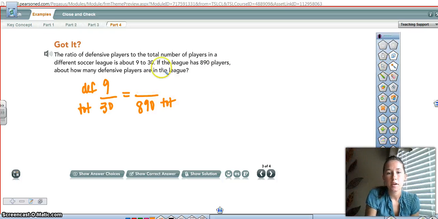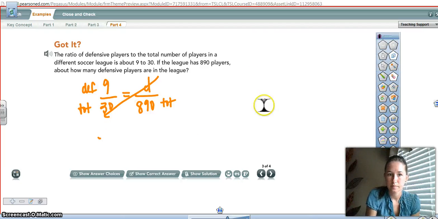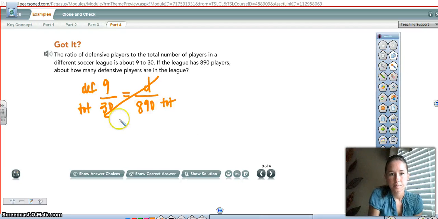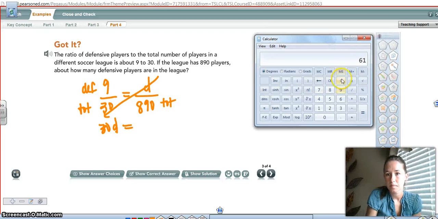I could even use a variable like D since I'm looking for the number of defensive players. 30 times D is 30D. And then I would do 9 times 890, which is 8,010.